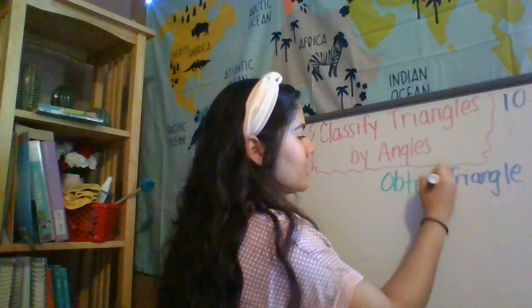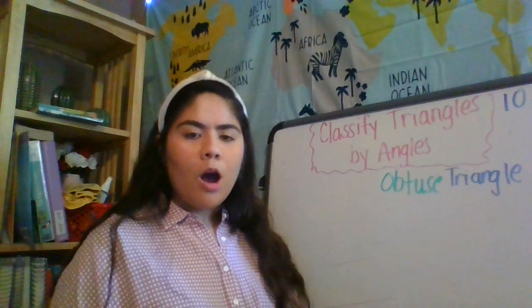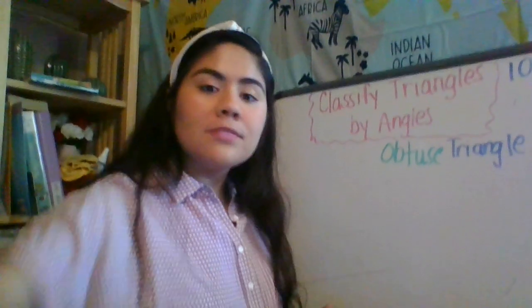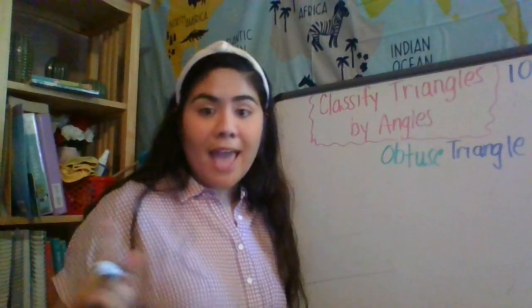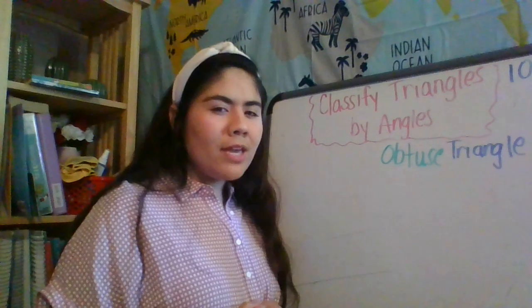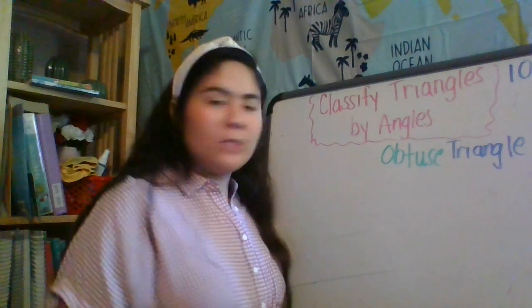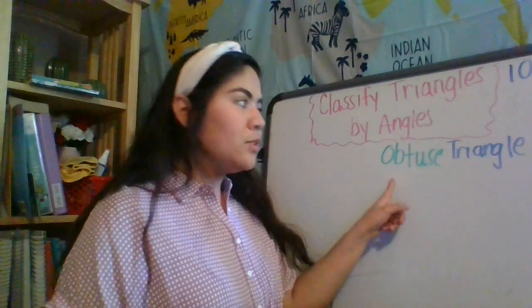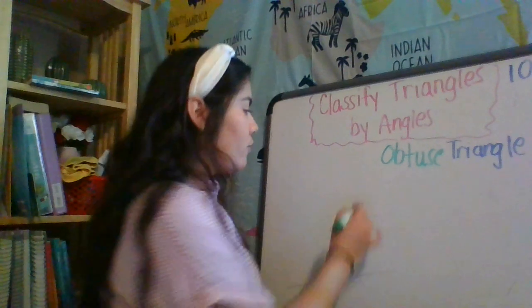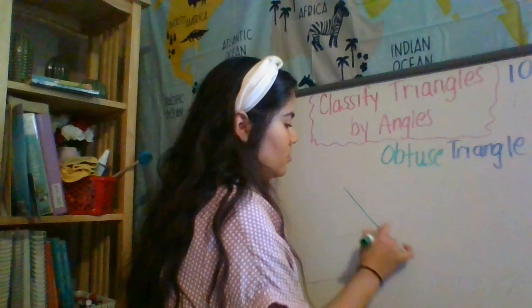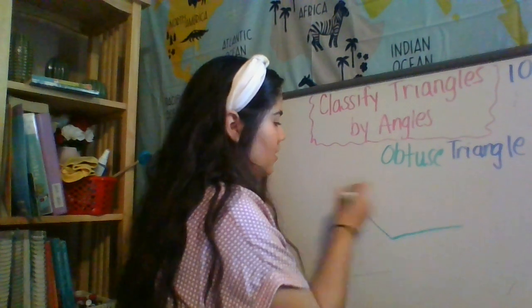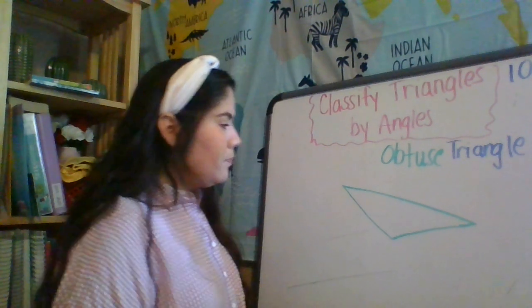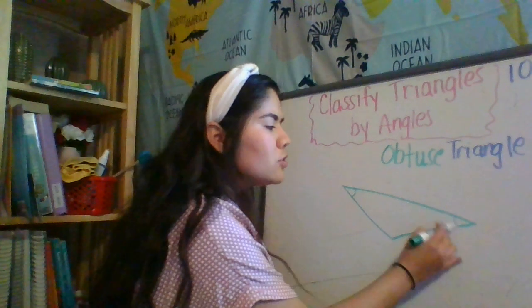Now, remember I told you guys that I like to say the word obtuse like this, obtuse, right? That means big. So, just like the right triangle had one right angle, what can we assume about the obtuse triangle? That it might have one obtuse angle. So, obtuse triangles are kind of hard to draw for me, but what that might look like is this, right? Now, these angles look pretty small.